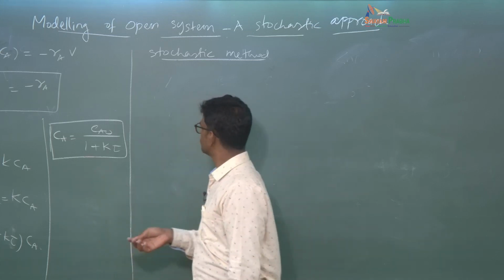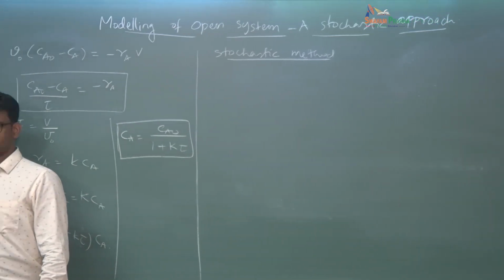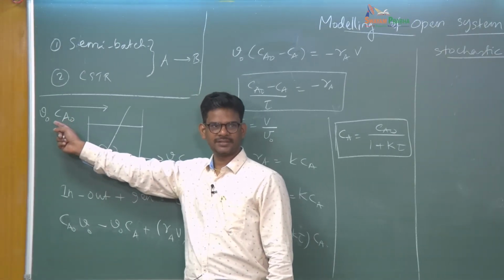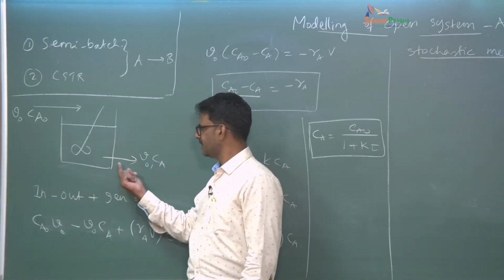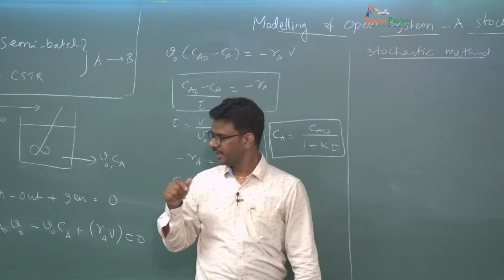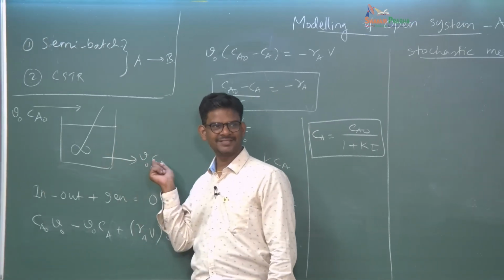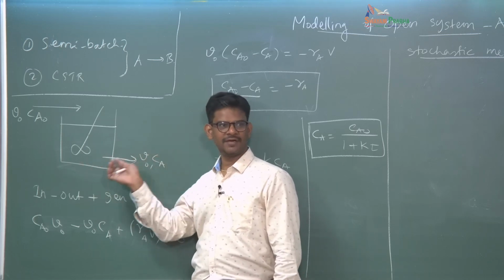Okay, so in the stochastic approach, we already know how to handle the inlet behavior, the injection, which we already saw for semi batch. Now in this case, all we need to do is to model the outlet. In the outlet, you have to think about what reaction can represent this exit process, how molecules of A are lost by this effluent.